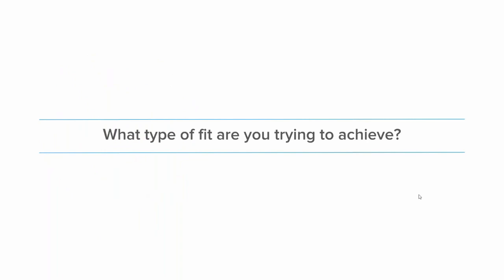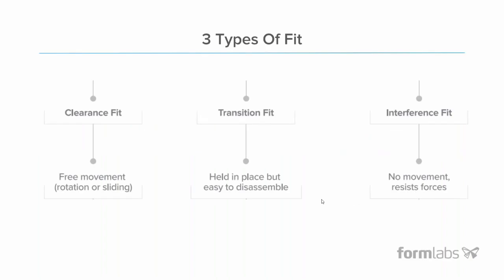This is all relevant because it is what defines the type of fit that you're trying to achieve. You can model in tolerances in CAD software and try to achieve them, but none of that really matters if the printer can't deliver them. So to look at the three types of fits we're going to talk about today: clearance fits, where there's free movement, like a pin in a hole.